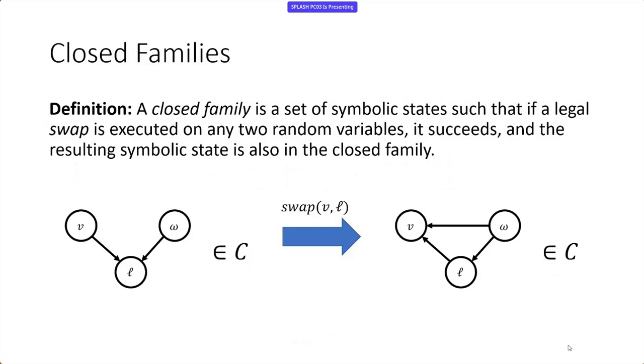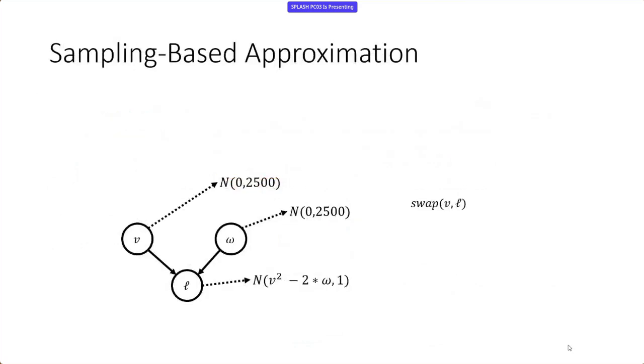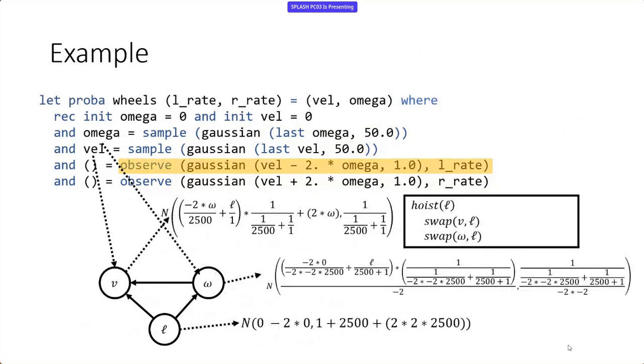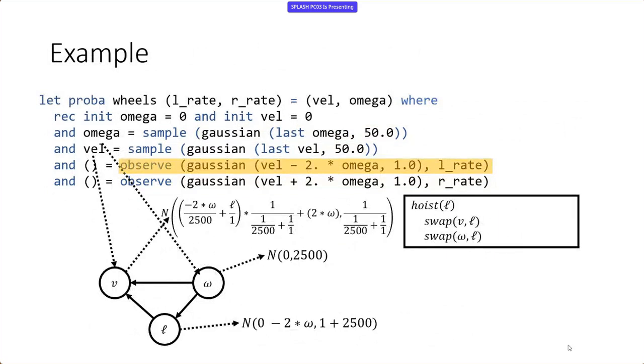And are they equivalent in terms of efficiency and all the things that you want? They are not. There are two things to separate out. One is that the closed family doesn't care about what order you do the swaps in, because you're always going to stay inside the closed family. But there are other things that do. One thing I didn't have a chance to get into is a function called hoist, which decides which order to do the swaps in.